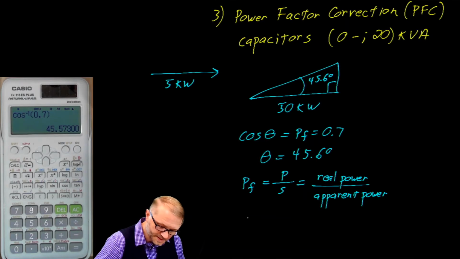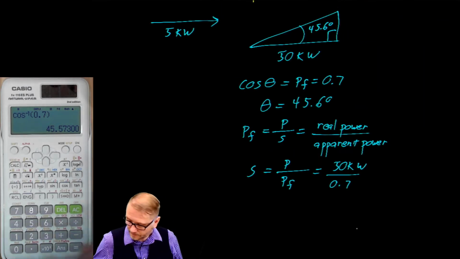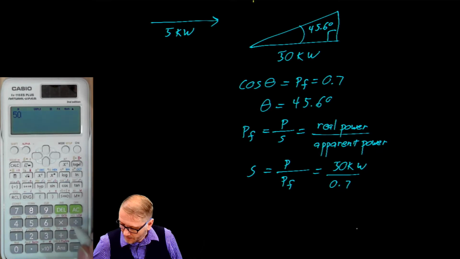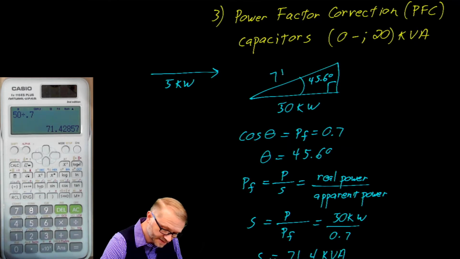In this case, if we manipulate the equation and solve for the apparent power, it is equal to the real power divided by the power factor, which is 50 kW divided by 0.7. 50 divided by 0.7 gives us 71.4 kVA. We can write that here as 71.4 kVA.